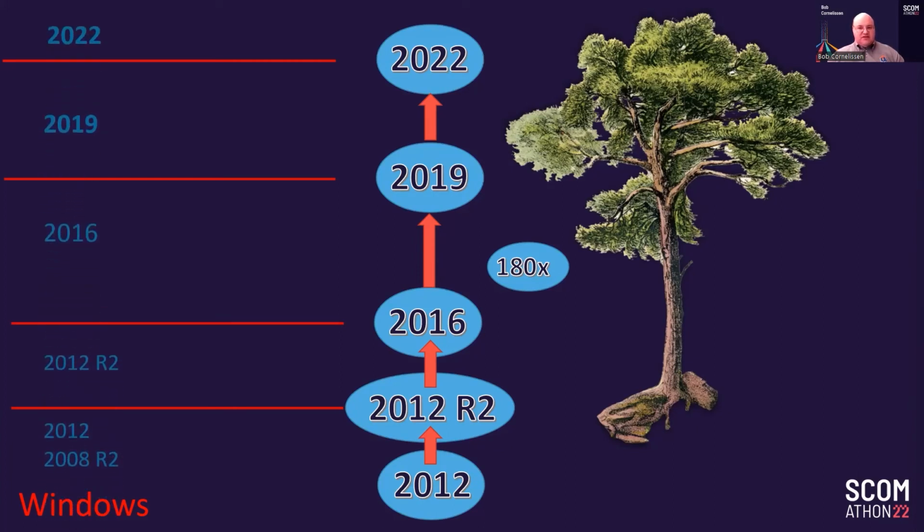For example, if you're running SCOM 2016, you can do that on Windows Server 2012 R2 and Windows 2016. If you are looking at SCOM 2019, you can run it on Windows 2016 and 2019. But you cannot run it on a version lower than that.